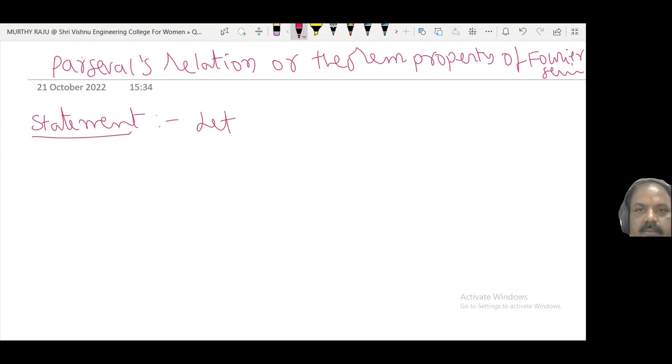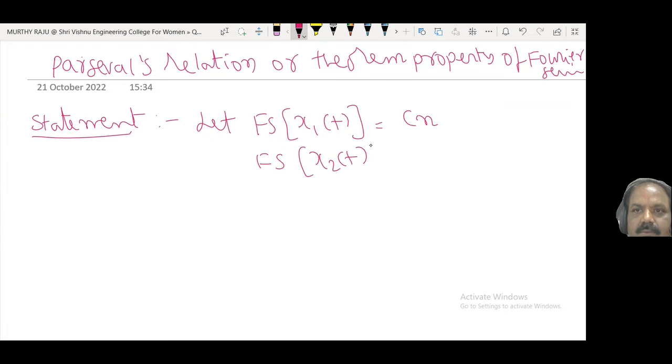Statement: let the Fourier series of x1(t) be C1n, and the Fourier series of x2(t) be C2n.